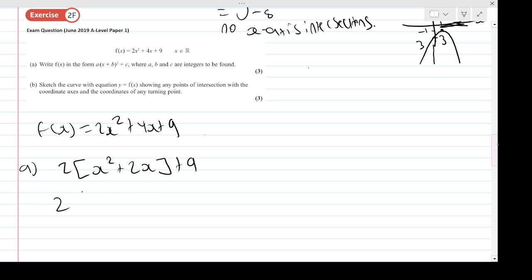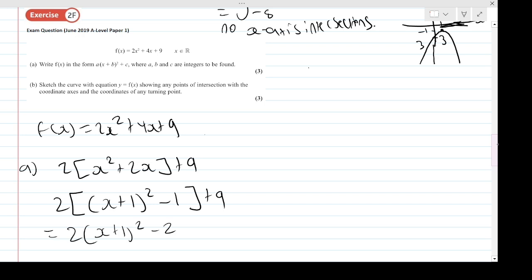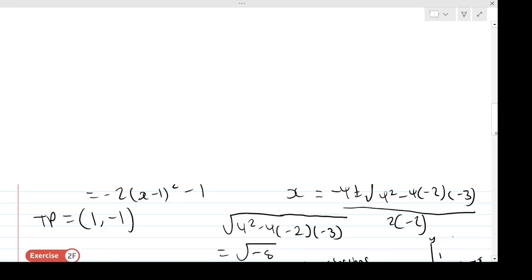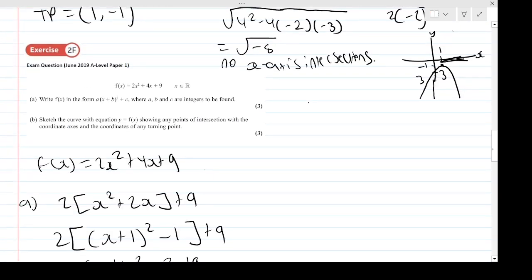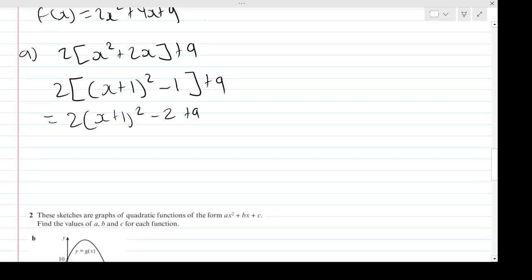So 2 lots of (x + half of 2, which is 1) all squared, then take away 1 squared, which is 1, add the 9. Then you're going to expand it, so we have 2 lots of (x + 1) all squared, take away 2, add 9, and so that's going to get us 2(x + 1)² + 7.